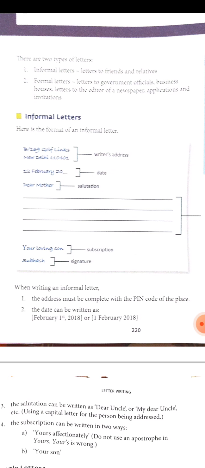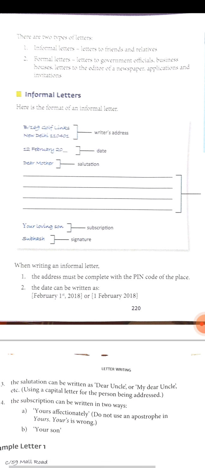Then you will end with the subscription, that is your loving son or your loving daughter or your loving niece or your loving sister or your loving friend. You write the subscription on the bottom left, and below that you will write your name or signature.